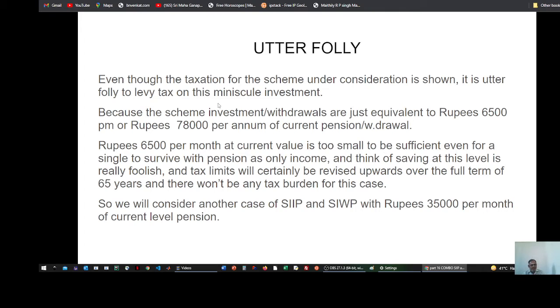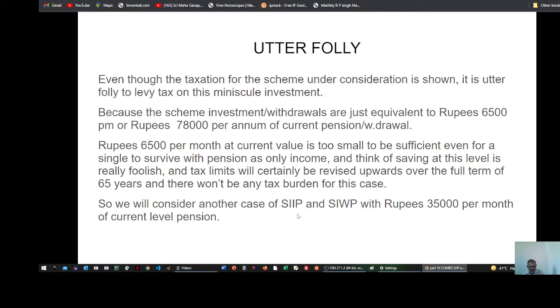Rupees 6,500 per month at current value is too small to be sufficient even for a single person to survive with pension as the only income. And to think of surviving at this level, to think of saving at this level is really foolish, and tax limits will certainly be revised upwards over the full term of 65 years, and there won't be any tax burden for this case.